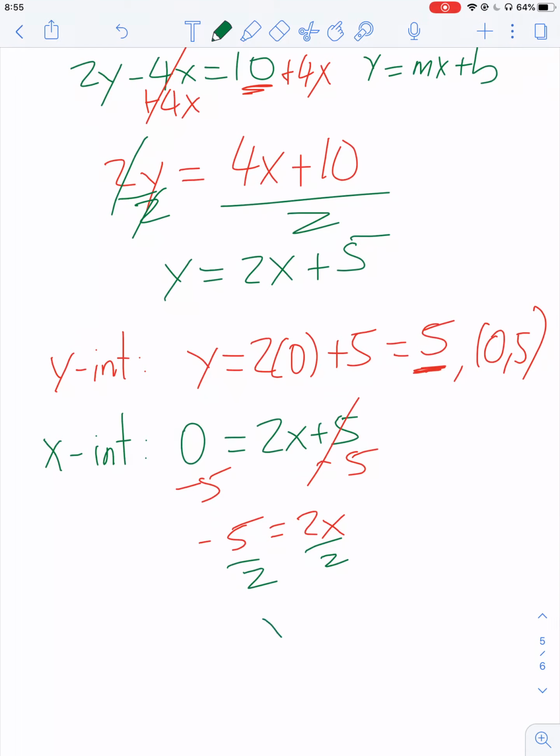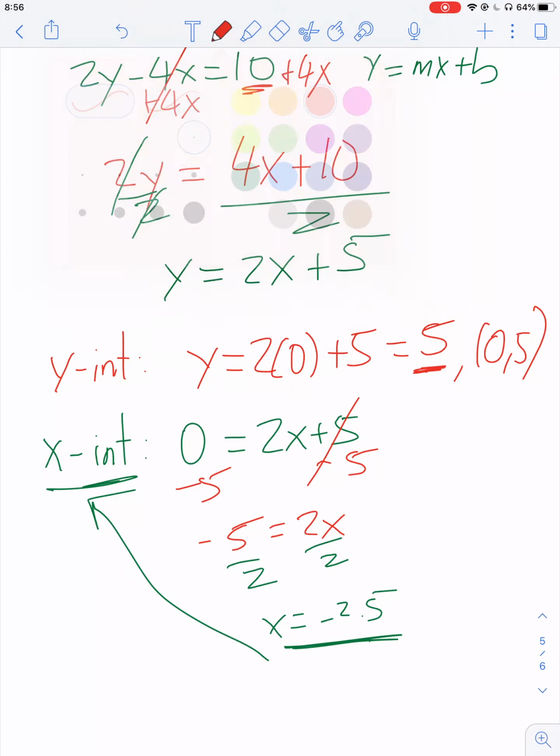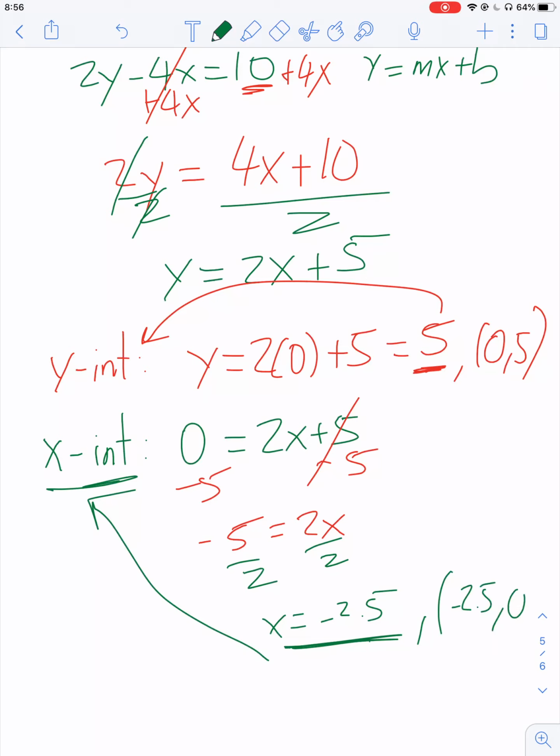So x is equal to minus 2.5. So this is your x-intercept. This here is your y-intercept, but the coordinate that I'm interested in is when x is minus 2.5, y will actually be 0.